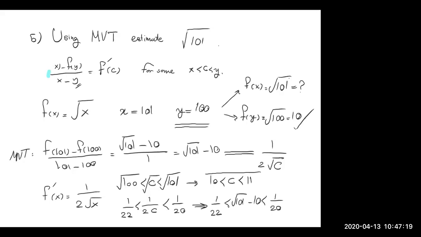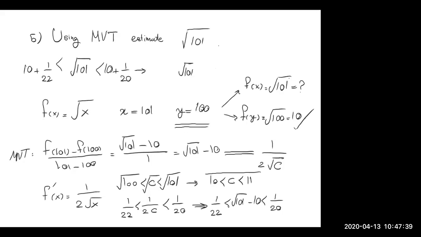Okay, let me erase here to write down the final answer. If I add 10 to both sides, the square root of 101 is between 10 plus 1 over 22 and 10 plus 1 over 20.